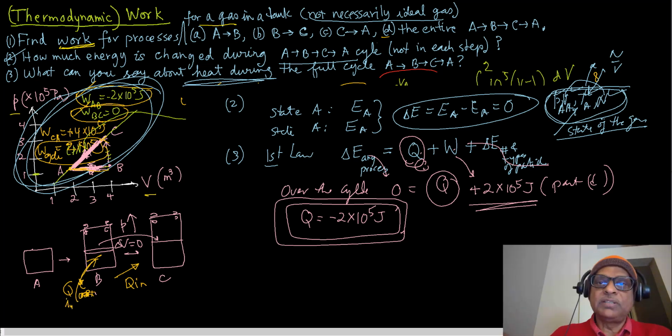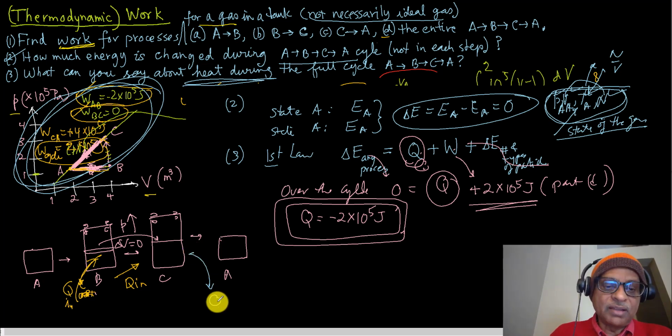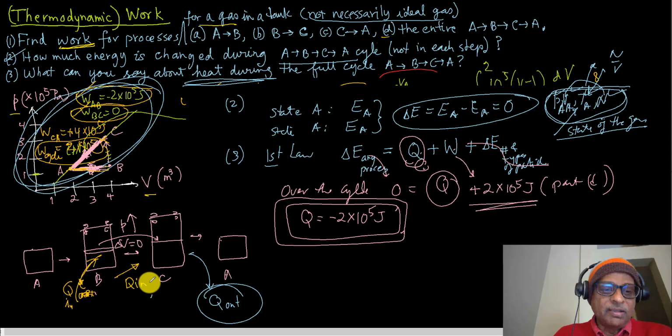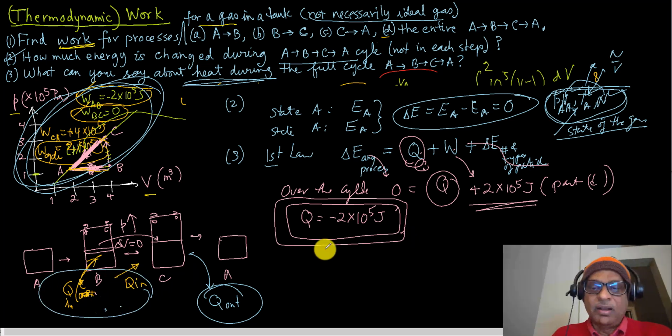And the last one that happened is this one had to be cooled. Back to A, I had to cool it here, and so over here the heat went out. The amount of heat that went out here overwhelmed the heat that went in, and the net amount, Q out, will be negative.